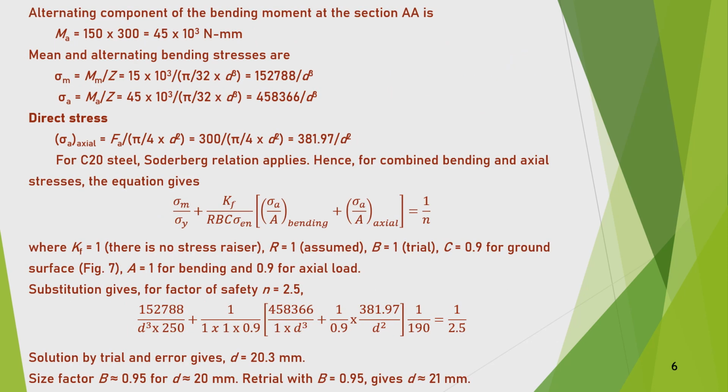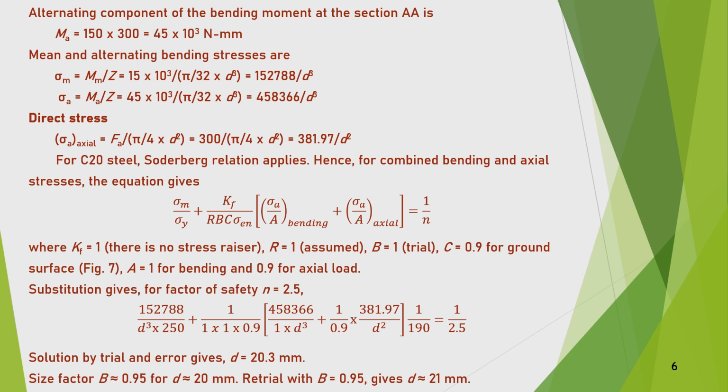The alternating component of the bending moment at the section AA, M_a, is equal to 150 into 300, that is equal to 45 into 10 raised to power 3 Newton mm. Now the mean and alternating stresses due to bending loads can be calculated by dividing the bending moments by section modulus of the bar.